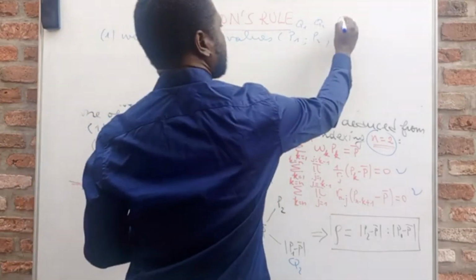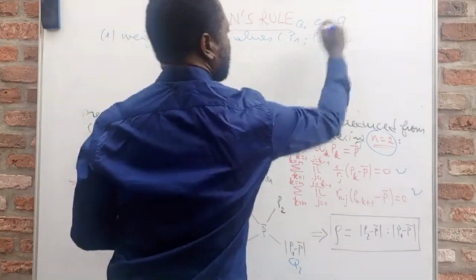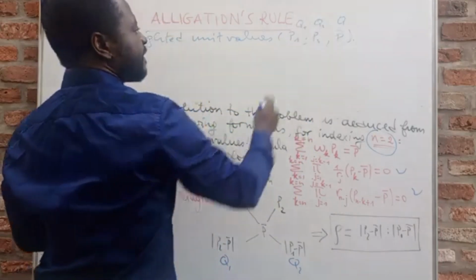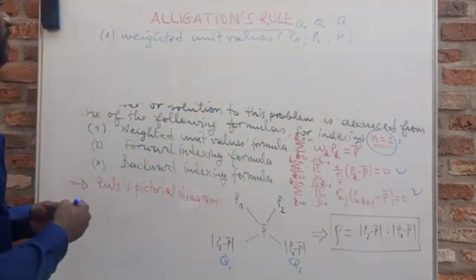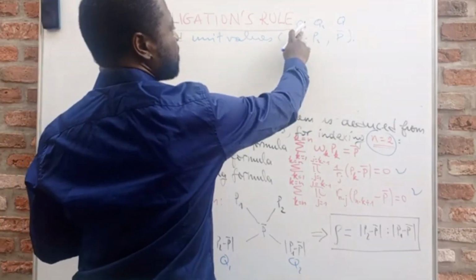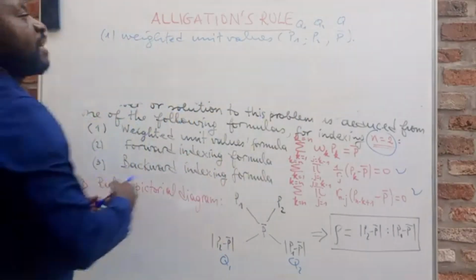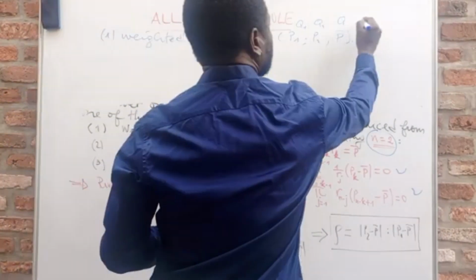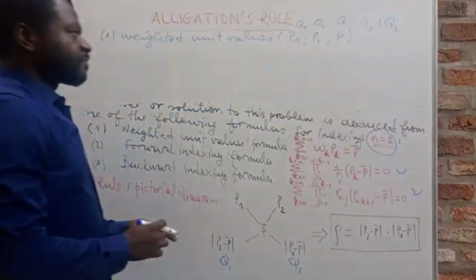Here we have the quantity for the first component, the quantity for the second component, and the quantity for the mixture, and respectively the unit value for the first component, the unit value for the second component, and the unit value for the mixture. The mixture is Q sub 1 plus Q sub 2.